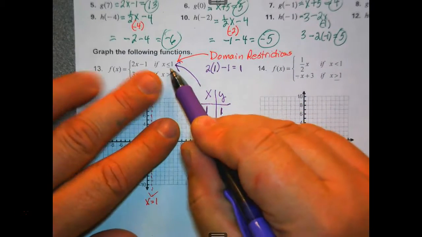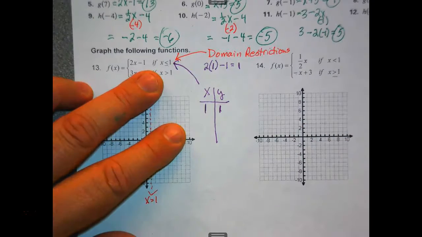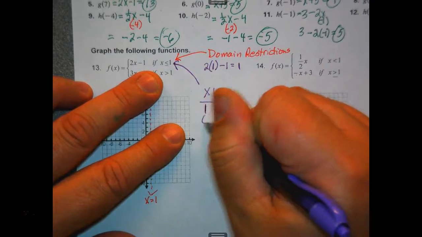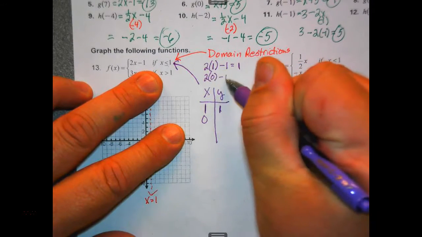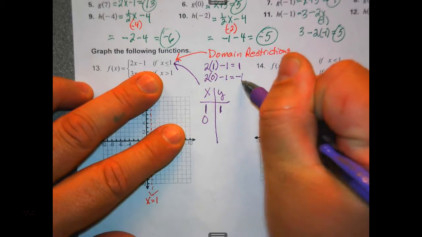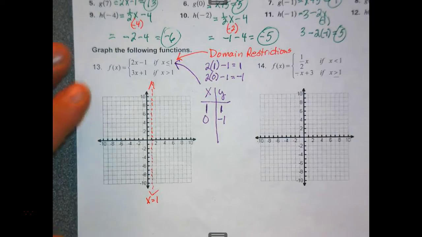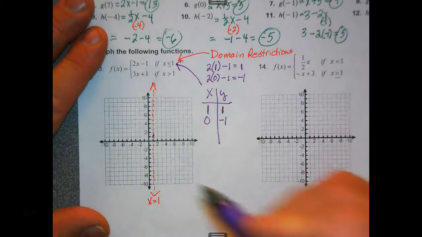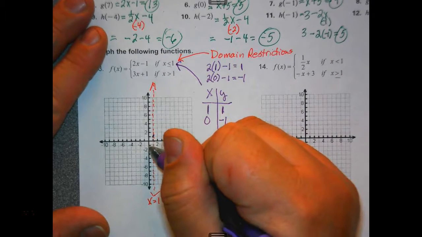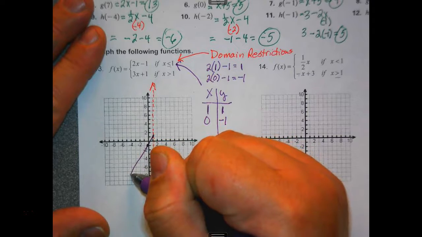Now I need a number less than the number 1. This time 0 will work. Plug in 0 for x. 2 times 0 minus 1 equals negative 1. Look at that, I have 2 points. So I have 1, 1, and 0, negative 1. I'm going to graph my line.